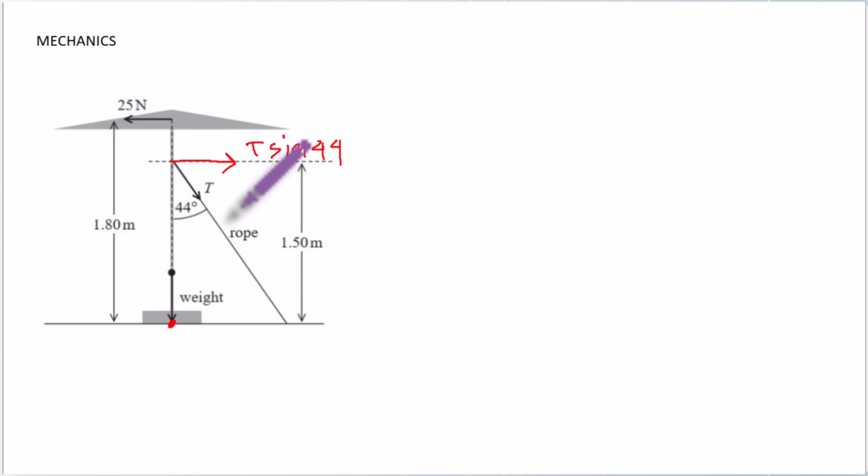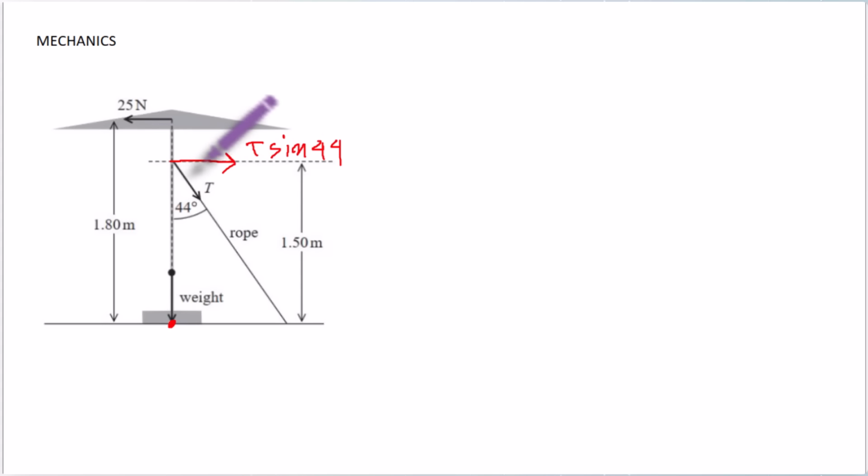And whenever you encounter questions with moments, always remember you have to consider the force and the perpendicular distance from the force to the pivot, perpendicular distance. So if I'm dealing with this force, I have to consider the perpendicular distance from this force to the pivot. This is the distance.